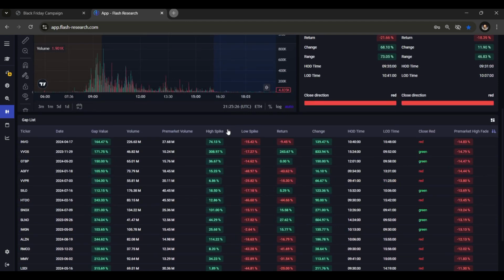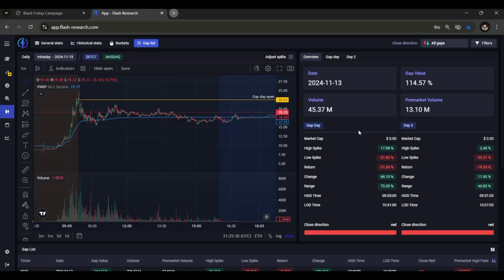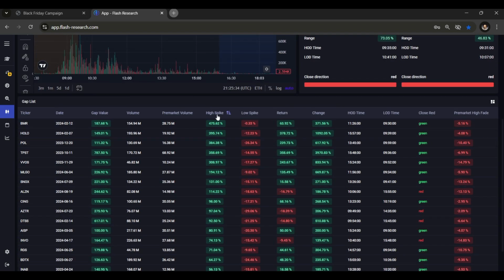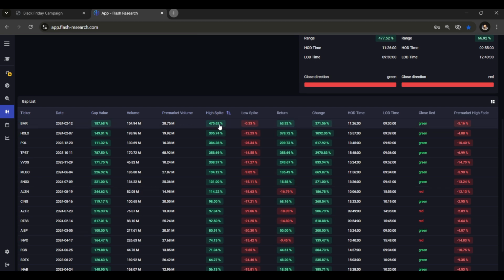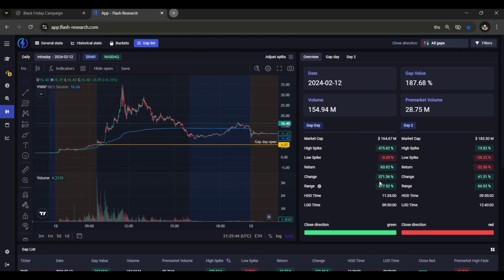I'm going to cover that in a couple of minutes with the historical stats and the buckets. You can, for example, order by the highest spike. You sort with this, and here you will see the highest one. You check the chart and it's like this, boom. Okay, I hope that's covered.